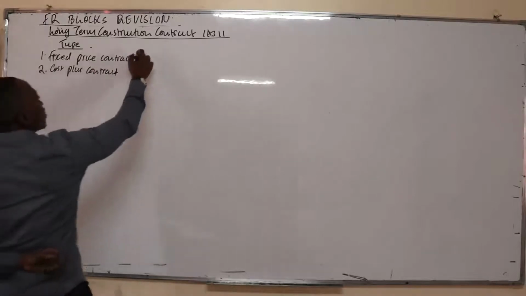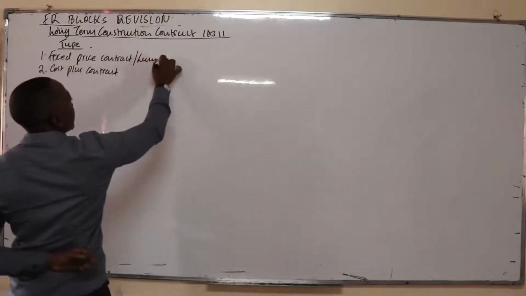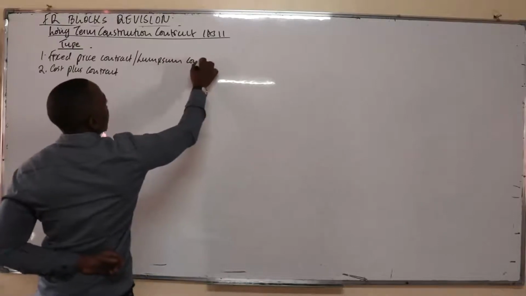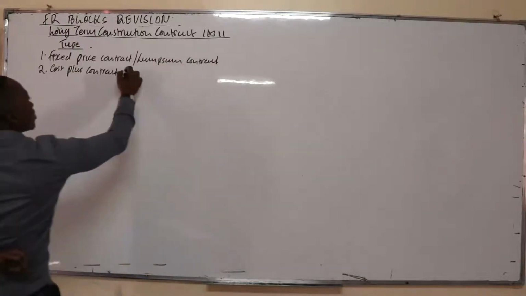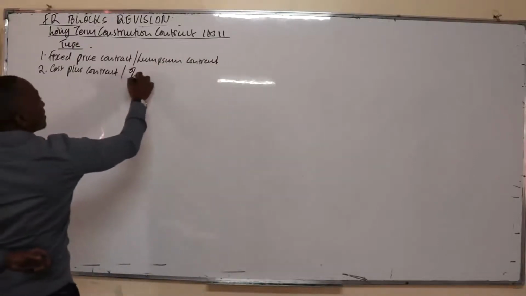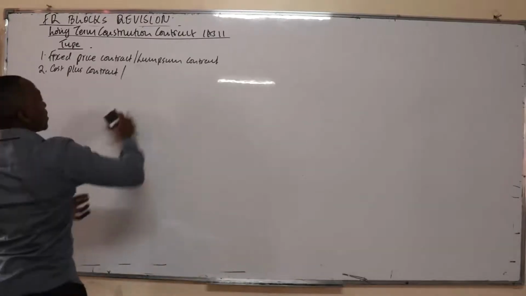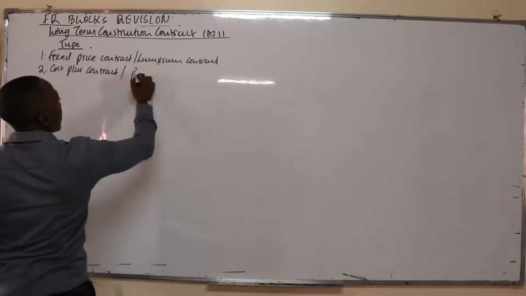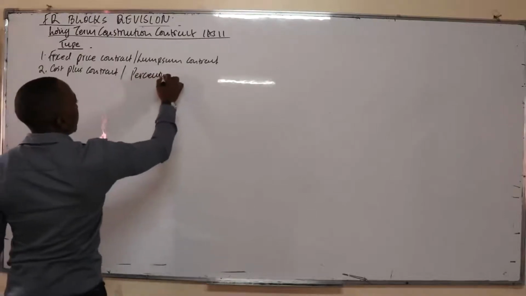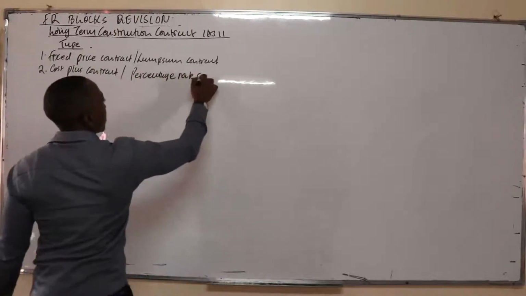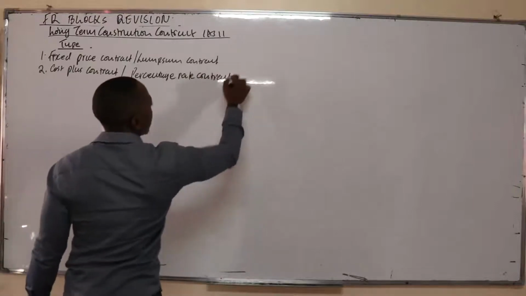The fixed price contract was the same as the lump sum contract, and the cost plus contract is the same as the percentage rate contract. What was the difference?